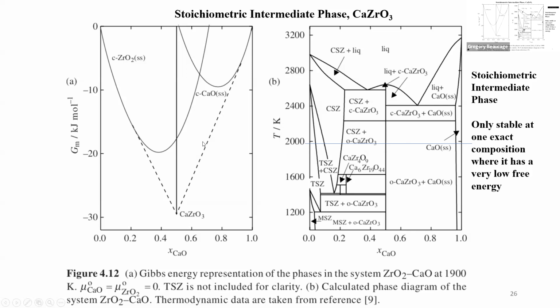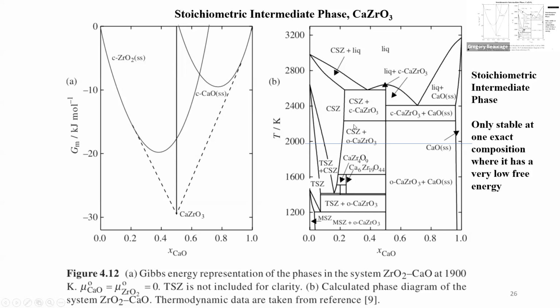So you have a zirconia phase over here, at about 0.2. So that would be this phase. The CSZ is this zirconia phase, and that's in equilibrium with the intermediate phase. So you have a tie line, even though it doesn't exactly look like a tie line, because this is a single composition. There's a tie line between those two.